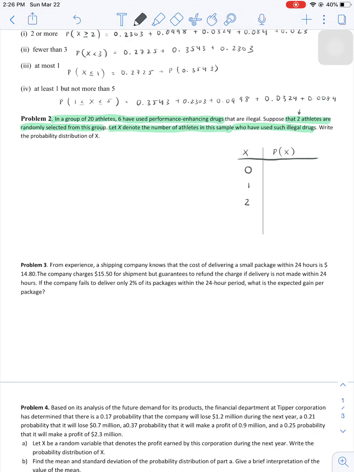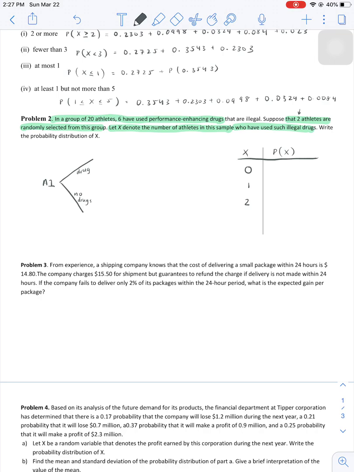And to do that, we're going to make a probability tree. What a probability tree does is we use it to visualize all the possible outcomes in our experiment. So let's take our first athlete. I'll call them athlete 1, or A1 for short. The 2 possible outcomes for athlete 1 are that the athlete took the performance-enhancing drugs, or they did not take any drugs.